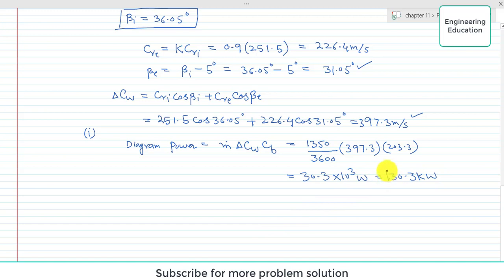So this is the value of diagram power required.